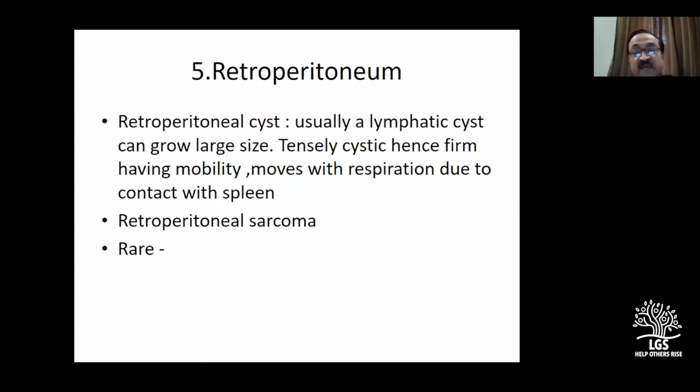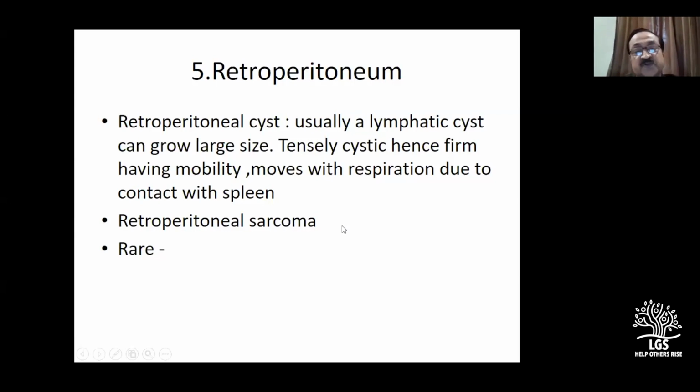The last anatomical organ which we are considering in the left hypochondrium is the retroperitoneum. I have told you that when you are given a mass in the left hypochondrium or wherever, and it doesn't fit in with upper GI pathology, it doesn't fit in with lower GI pathology, neither is it hepatobiliary, then always consider the retroperitoneum.